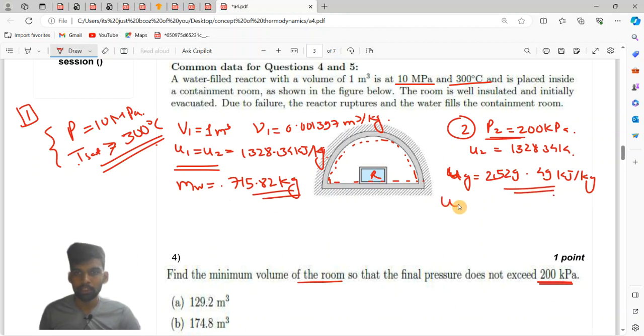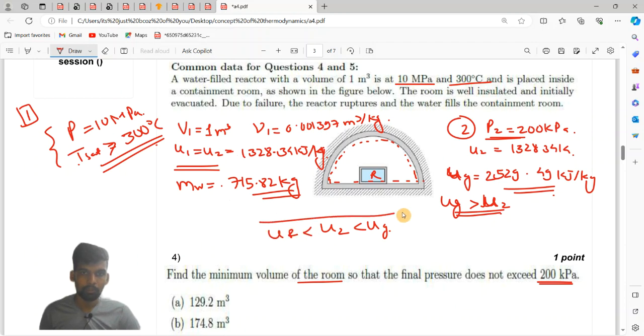So clearly we can see that Ug is greater than u2, which means u2 lies between Uf and Ug. Means it is a mixture of saturated liquid and saturated vapor at 200 kPa, and our water lies in this mixture state at state 2. So that's an idea that we are getting from it.